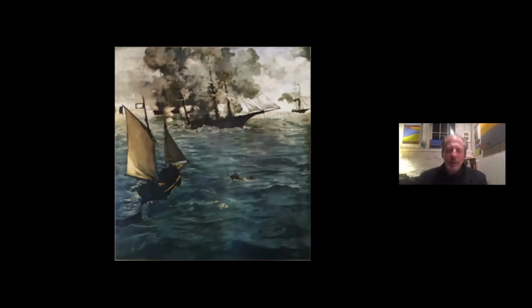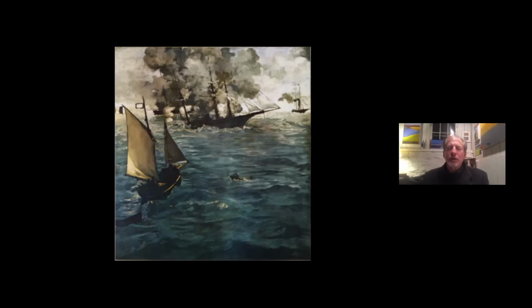Manet did not witness this event, as some people have said, but he still tried to paint it, despite the fact that he hated the ocean. His parents had enlisted him in the French Navy. He'd spent a couple of years at sea, hated every minute of it. Did not like being on a boat, didn't like being on the water. But still, he was interested in painting this painting.